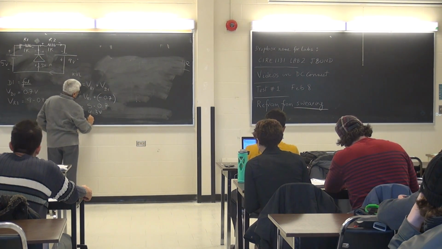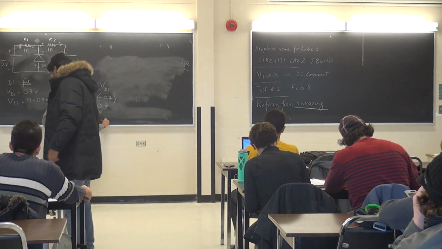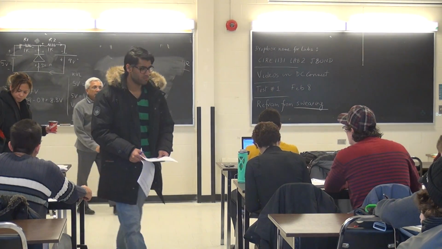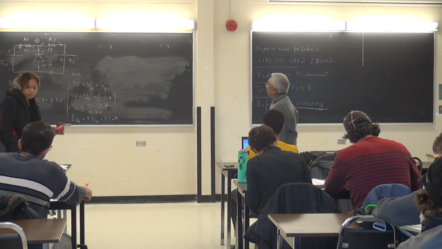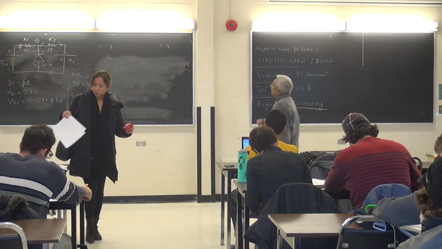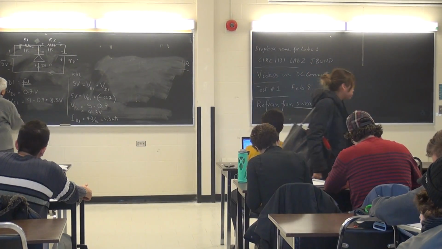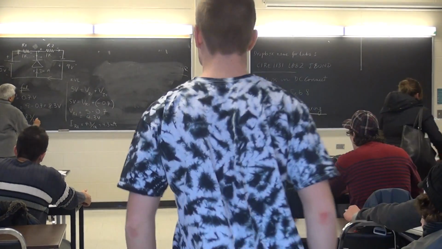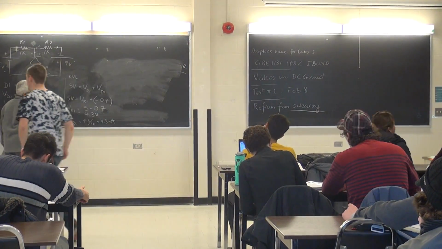So that's 4.3 over 1K, or 4.3 milliamps. Over here, on R2, 8.3 over 1K, 8.3 milliamps.